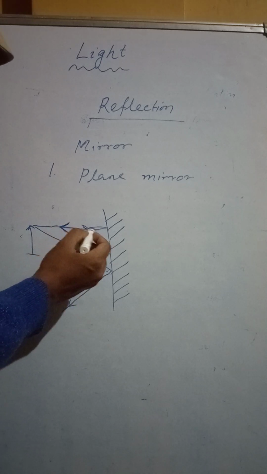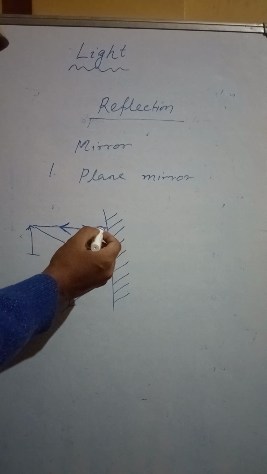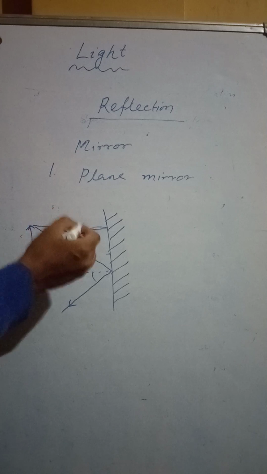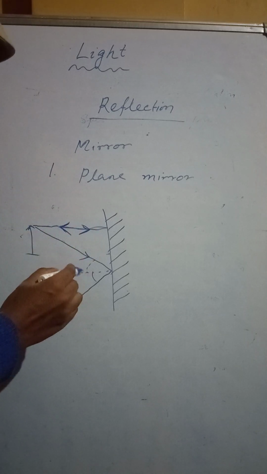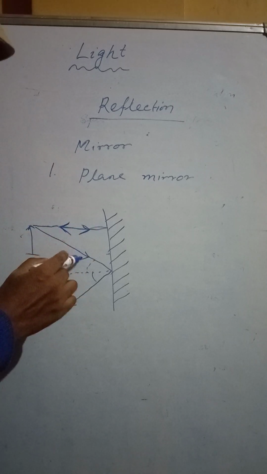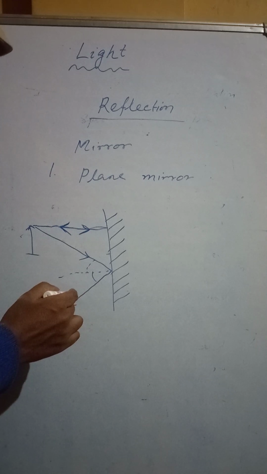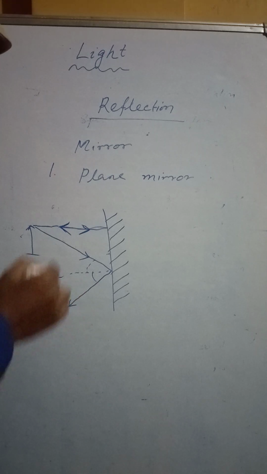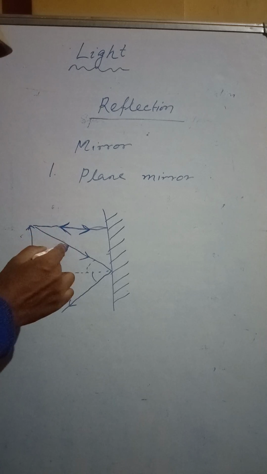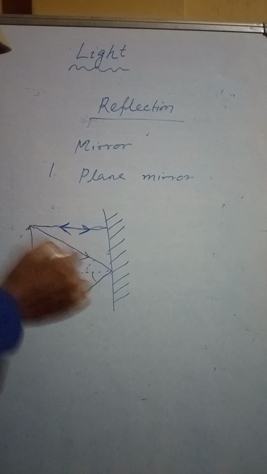In the first case the angle of incidence and angle of reflection are both zero. In the second case they are not zero, but in both cases they are the same.